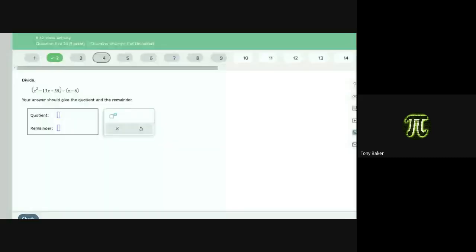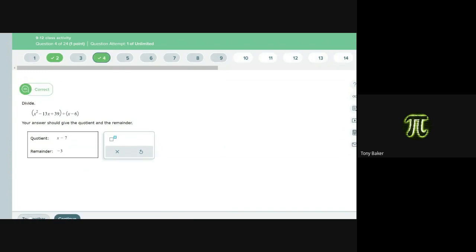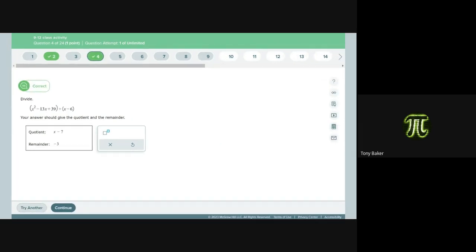All right, so let me share this. Alex asks for these questions in a few different ways. This one wants the quotient and the remainder as two separate answers. So in this case, my quotient would be x minus 7, and my remainder was negative 3. That's the way Alex wants you to write it.